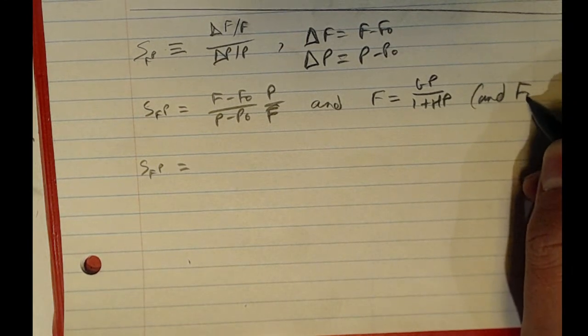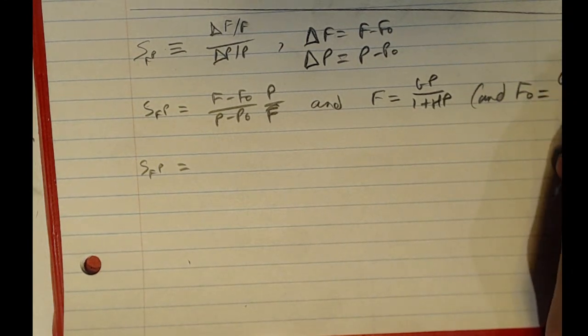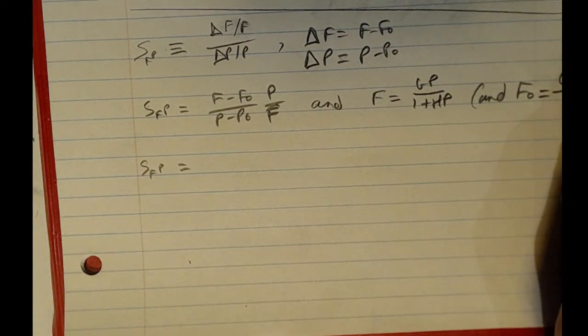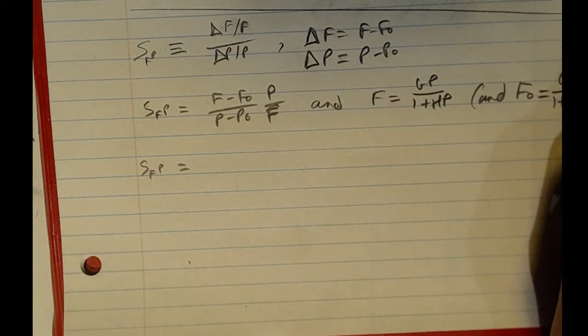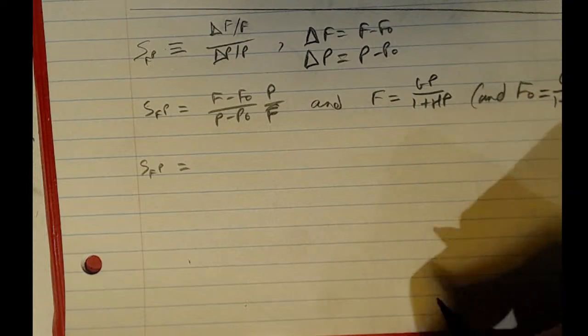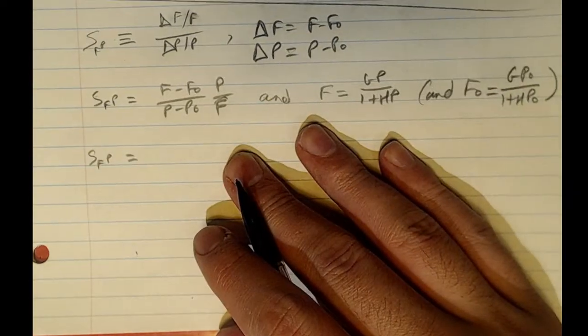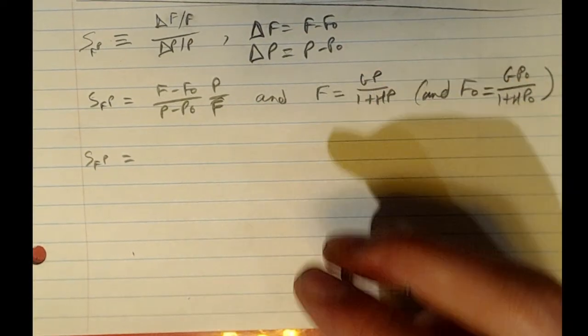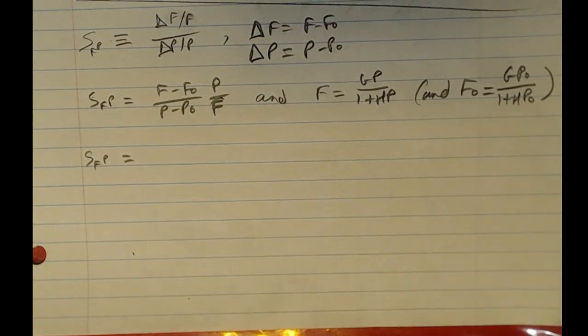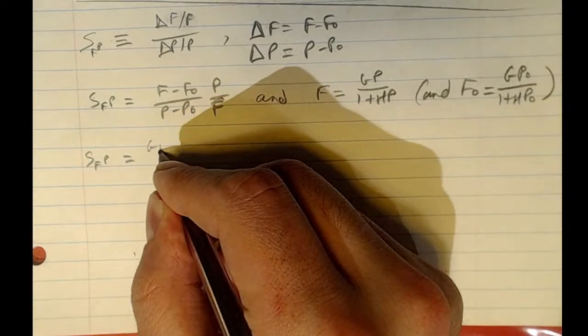And F naught is equal to GP naught over 1 plus HP naught. Oh, you can't see that. So S_F^P, well, I mean, let's just plug in and simplify.